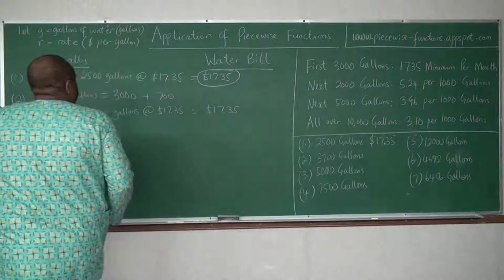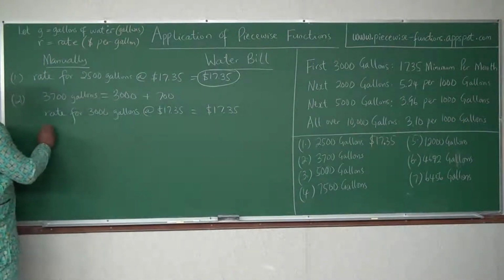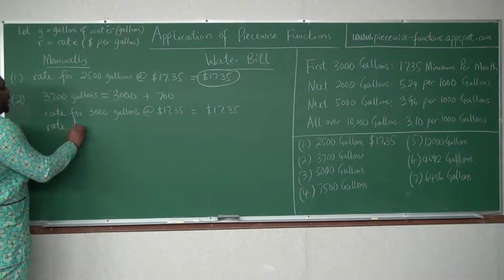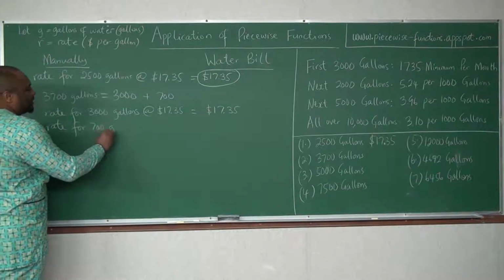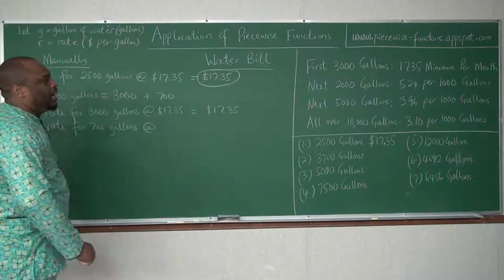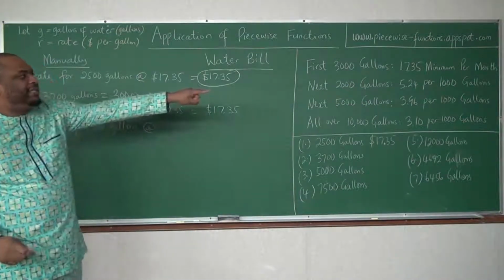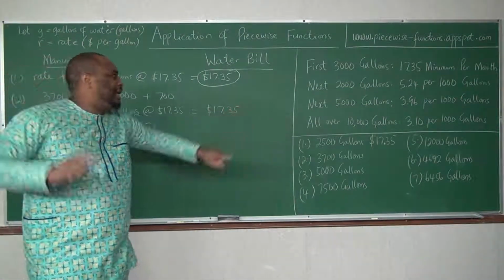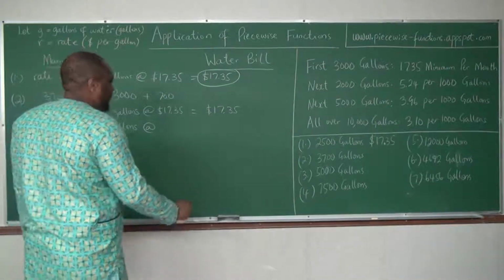So this will be the rate for 700 gallons at $5.24 per 1,000 gallons. So we have to do something here, folks.